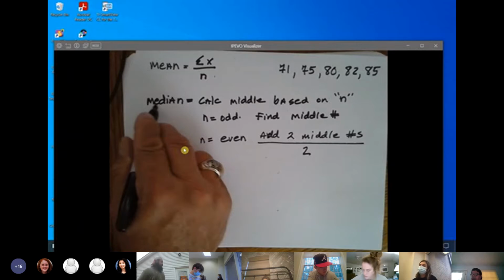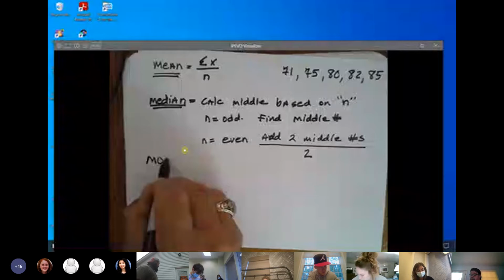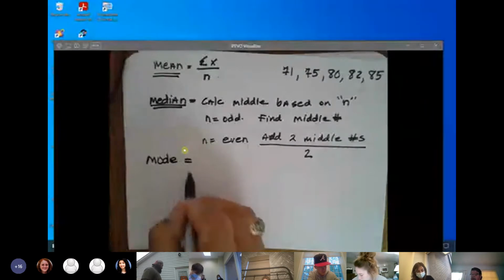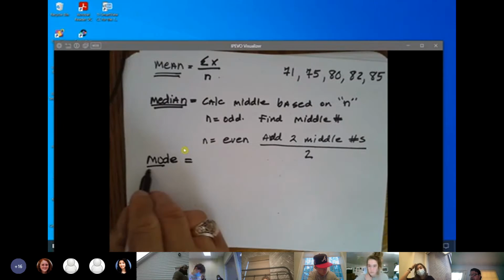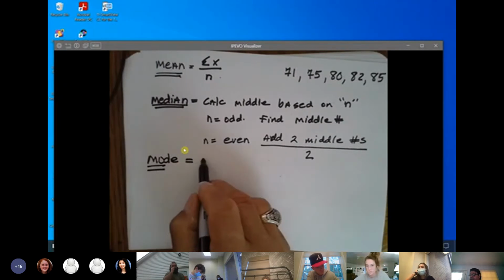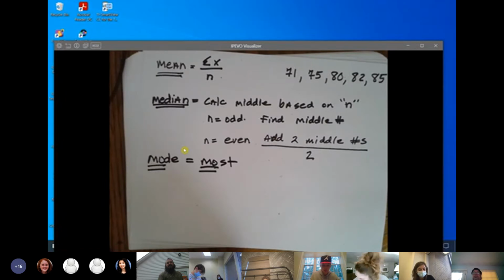Median is very important. Mean and median is very important. Mode is worthless, but they won't ask you questions about it. Somebody tell me, the mode is the one that shows up the what? The most. Can you have more than one mode? Yes. Good job.